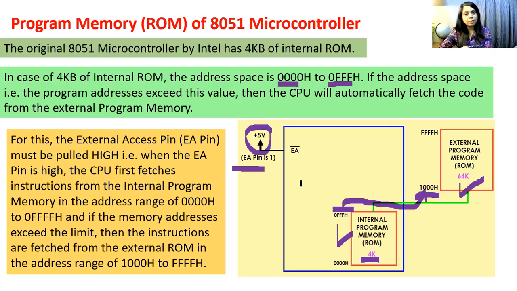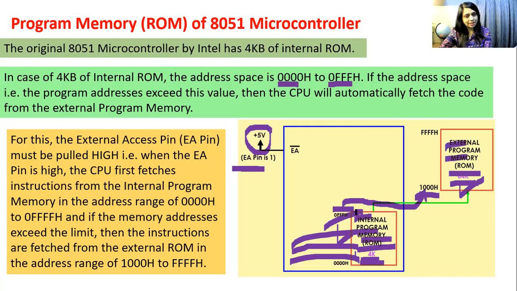When EA pin is high, the CPU first fetches instructions from internal program memory. Initially your program will be stored in this memory as well as in this memory. So it will start fetching instructions from internal ROM, and as soon as it completes address 0FFF, from the next address it will start fetching instructions from external program memory.